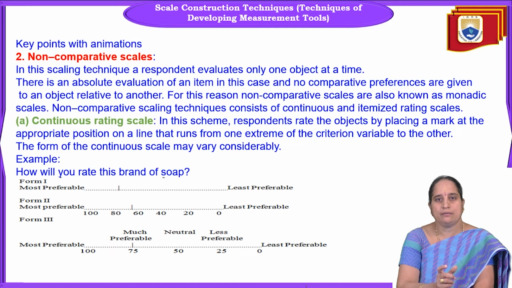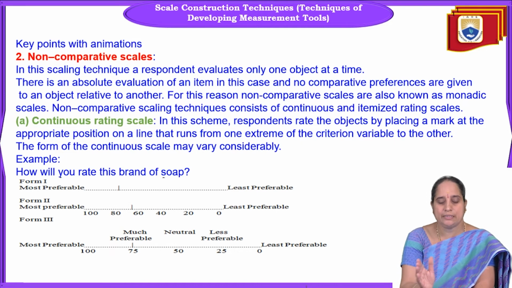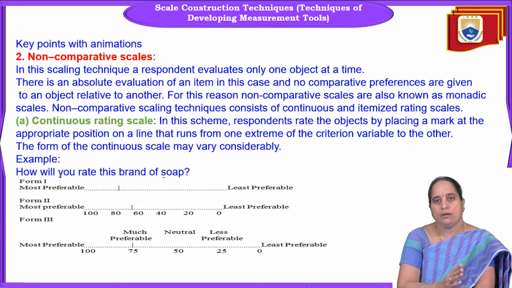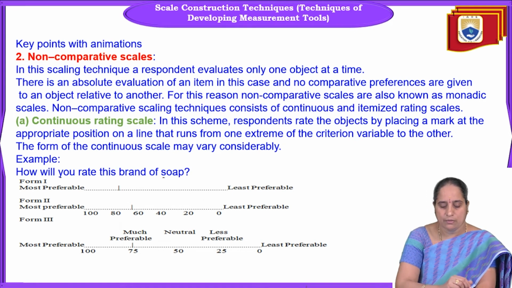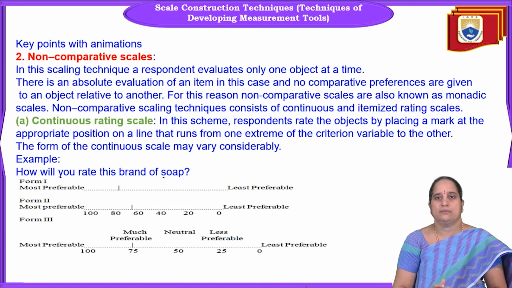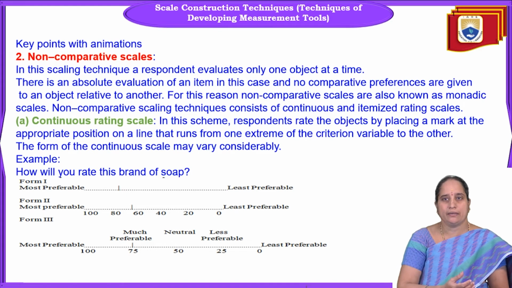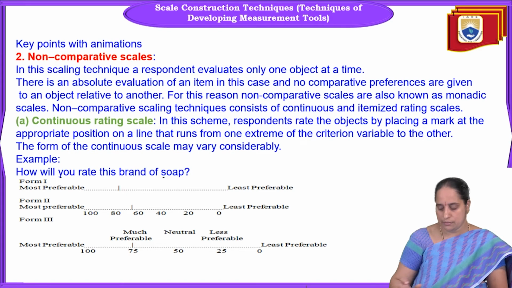One can give the scale from most preferable to least preferable. In the second, most preferable is 100 and least preferable is 0. In another case, most preferable 100, much preferable 75, neutral 50, less preferable 25, and least preferable 0. So it depends; we can go with different types of rating with different intervals.